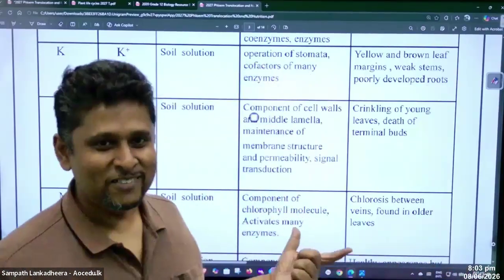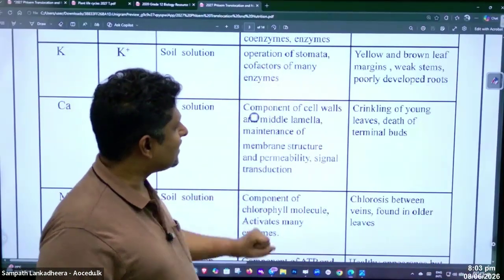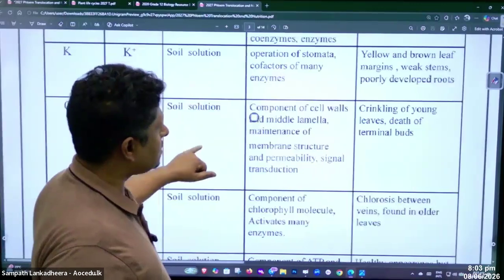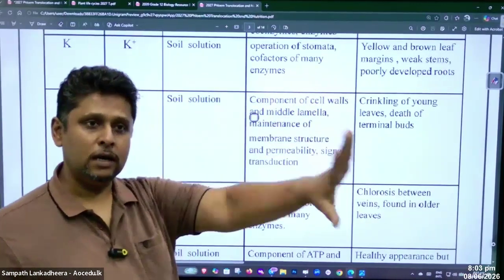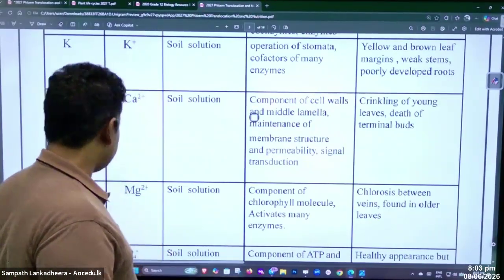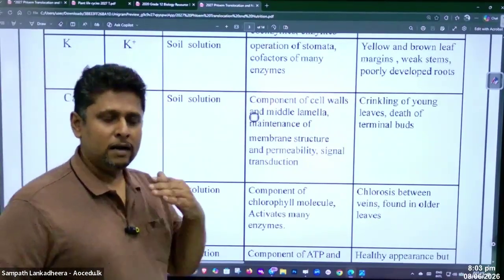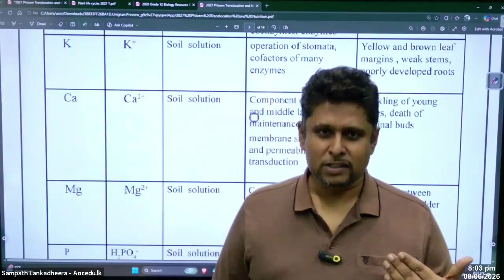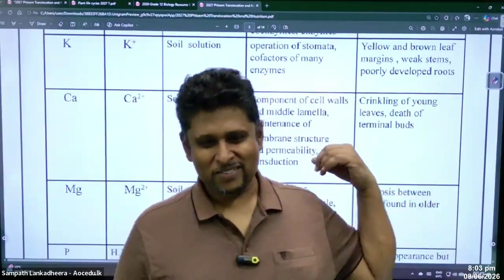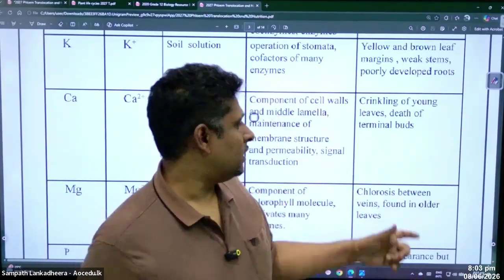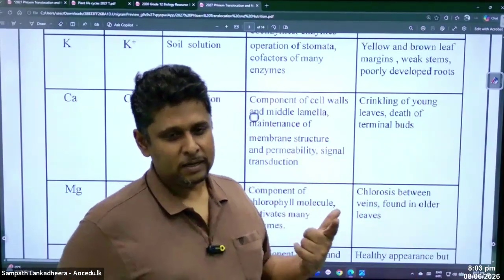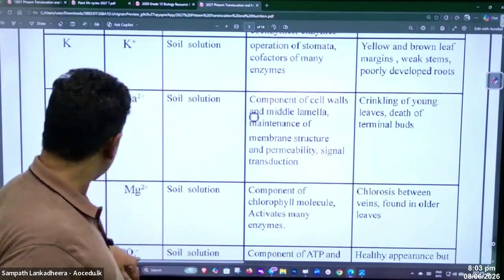Crinkling of the young leaves and death of the terminal buds are the deficiency symptoms for calcium. I'll try to include the remaining details too, but I failed now because of this printing issue. If possible, I'll include them.